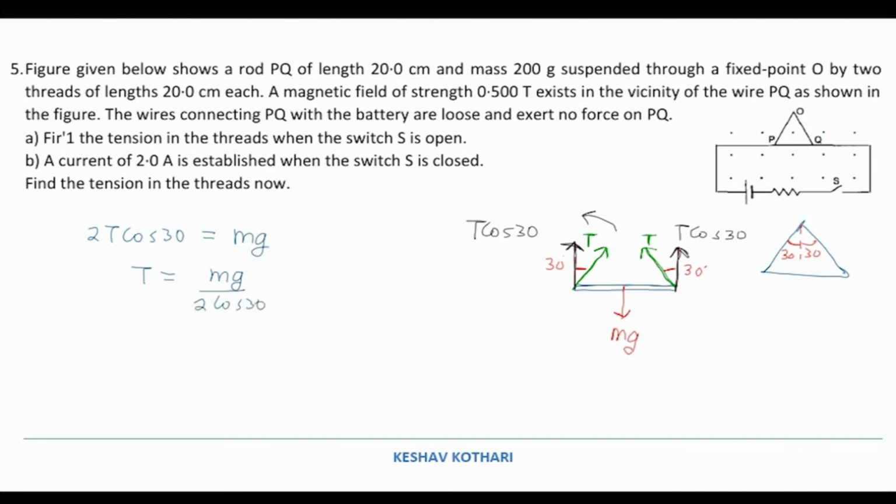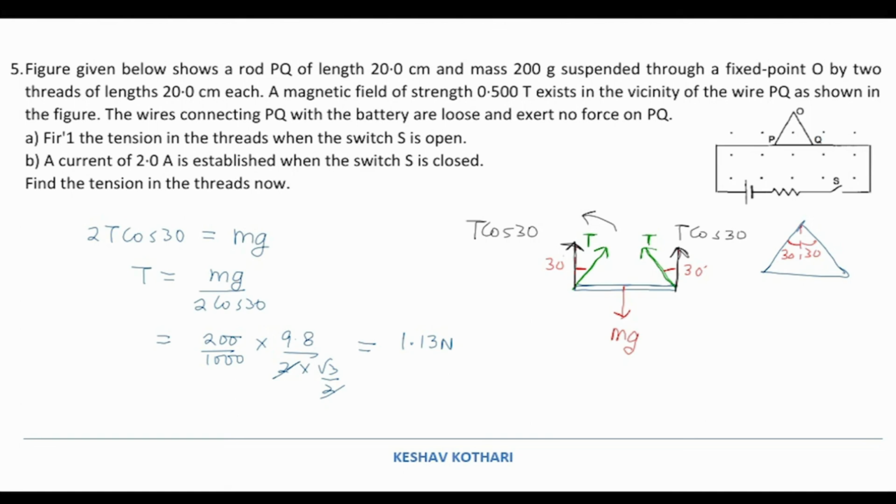So if we start substituting the values, the mass is 200 gram, that is 200 by 1000 in kg, g we are taking as 9.8 by 2, and cos 30 is equal to root 3 by 2. So from here we obtain the tension as 1.13 Newton.